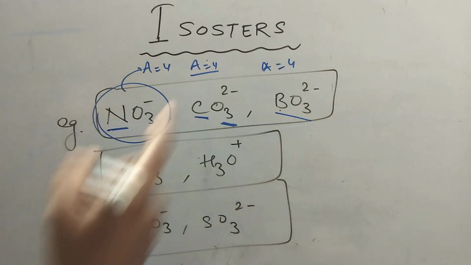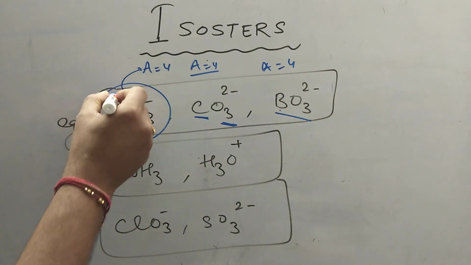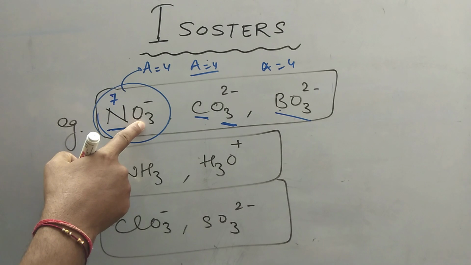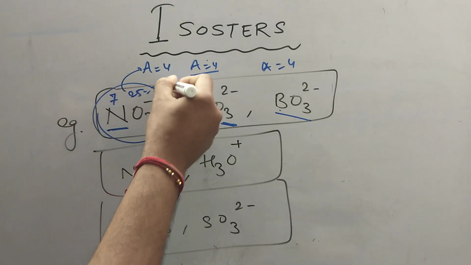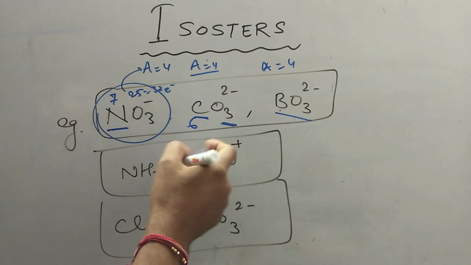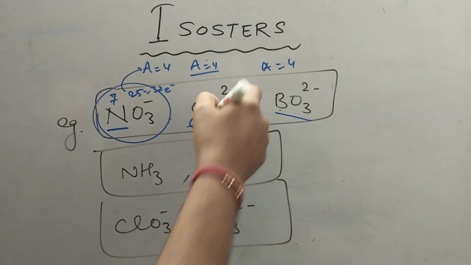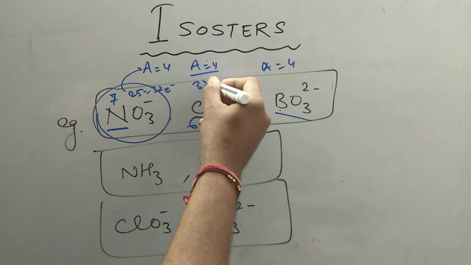Now let's count the number of electrons. Nitrogen is 7, oxygen is 8, 3 oxygen is 24, 24 plus 7 is 31, plus 1 negative charge, so it will be 32 electrons. Carbon has 6, 3 oxygen is 24, and 2 for the charge, so 32.